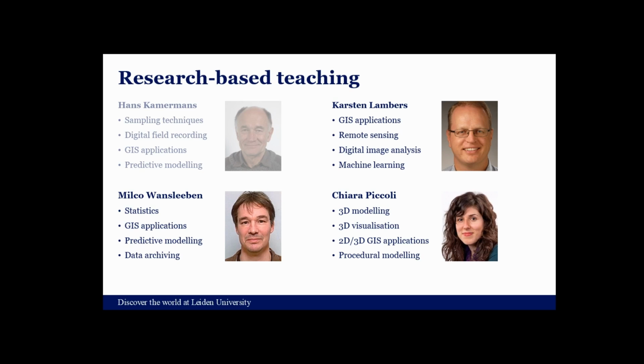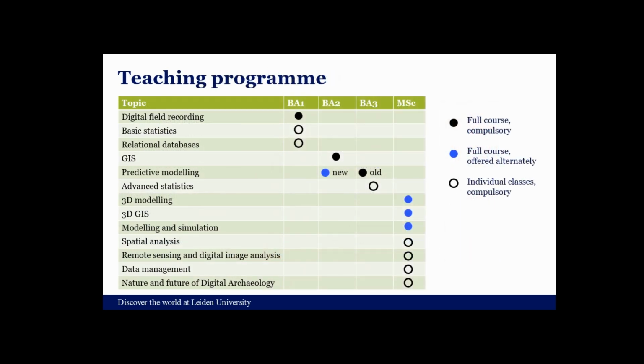This background informs the structure of our teaching program, and this is an overview. This is constantly evolving, as you can imagine, but there are certain elements that have found a quite stable place in the curriculum. So digital field recording is taught in the first semester, a lot of digital surveying and so on.